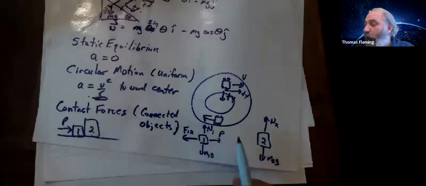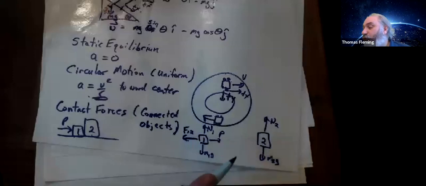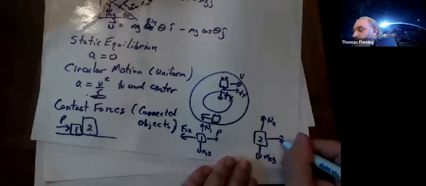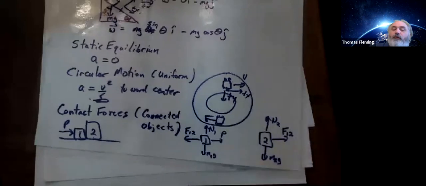However, Newton's third law says that if object 2 is pushing object 1 this hard to the left, object 1 must be pushing object 2 this hard to the right. So I'll have an equal but opposite force on that.